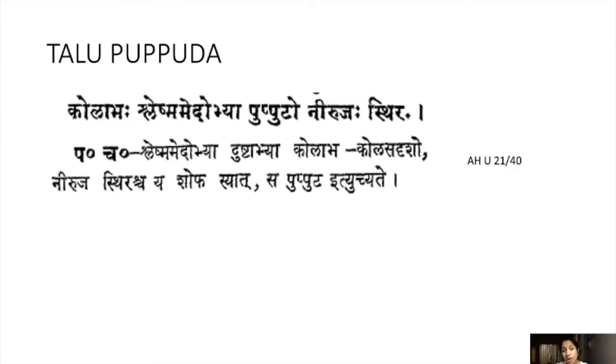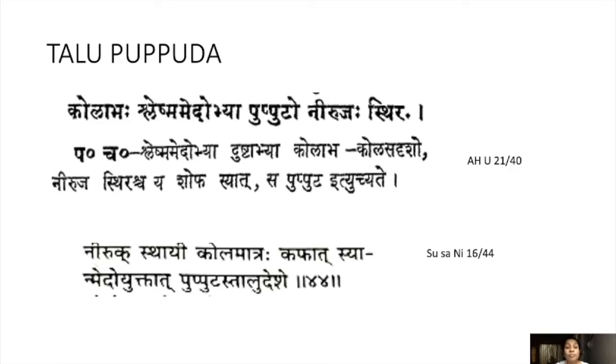So Talu Puppuda, Kola Baha, the size resembles the size of a Lenda Kola, and it is forming because of Sleshma and Medas, and the swelling is Stira, and there won't be any pain. Nirujaha, so that is known as Talu Puppuda.